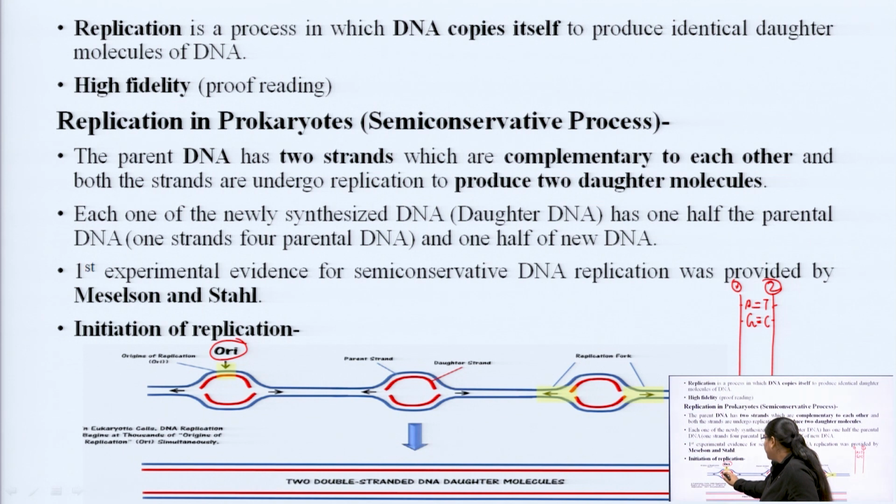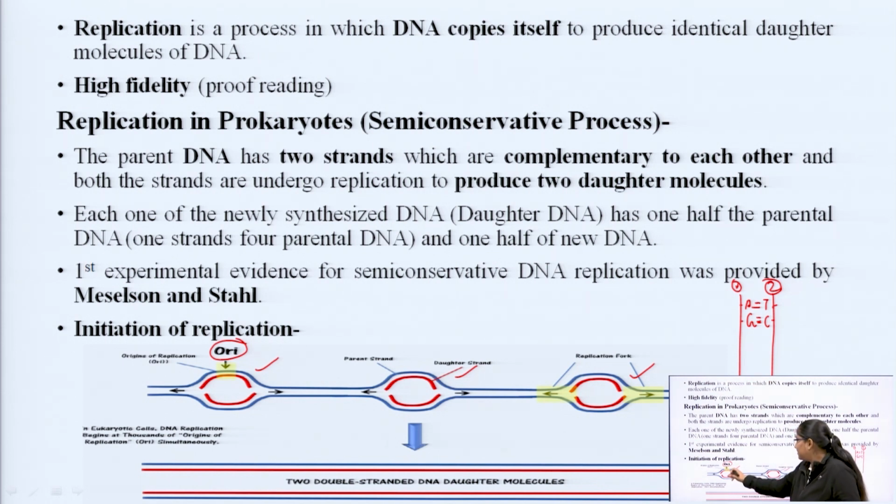So, like we have one ori here, one here and one here. There are certain origins of replication present in the DNA molecule, and from there only the replication will start.